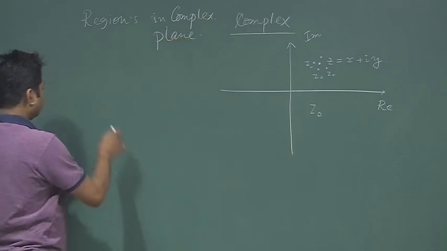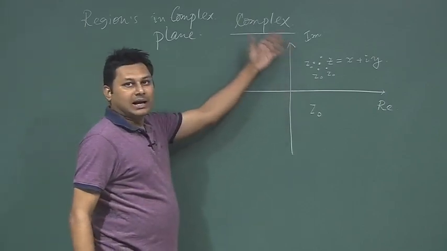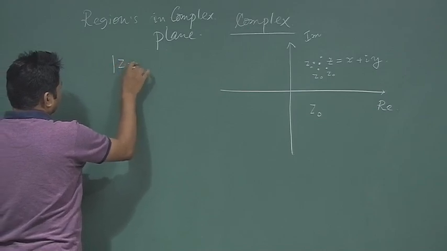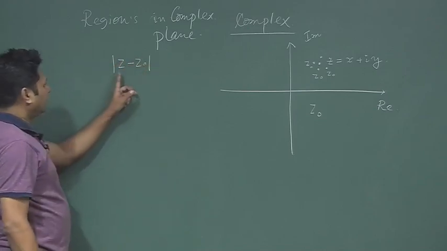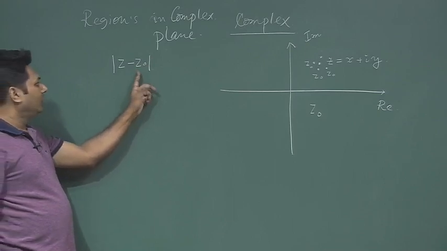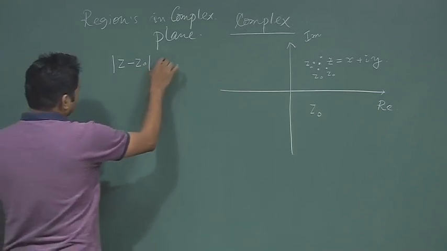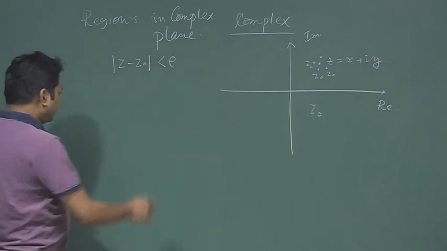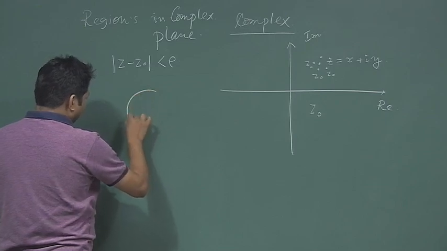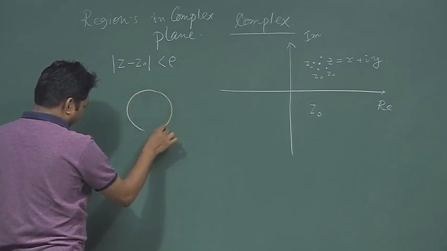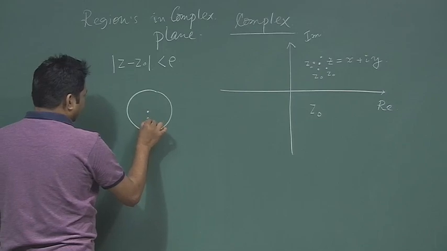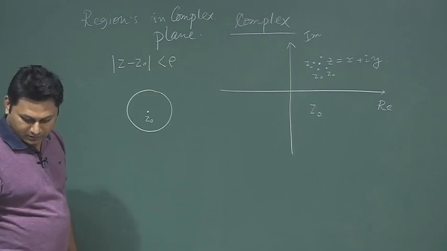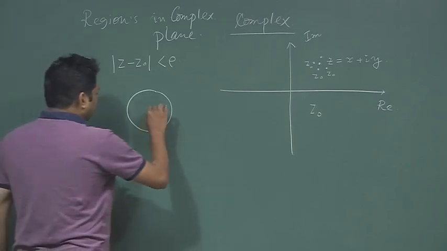What is the meaning of region? This is my complex plane, which I already described. Now I try to find the point z which is very close to z0. In similar notation, I should write mod of z minus z0 less than or equal to rho. What is the meaning of this statement? It suggests that I have a circle where z0 is sitting at the center and rho is my radius.